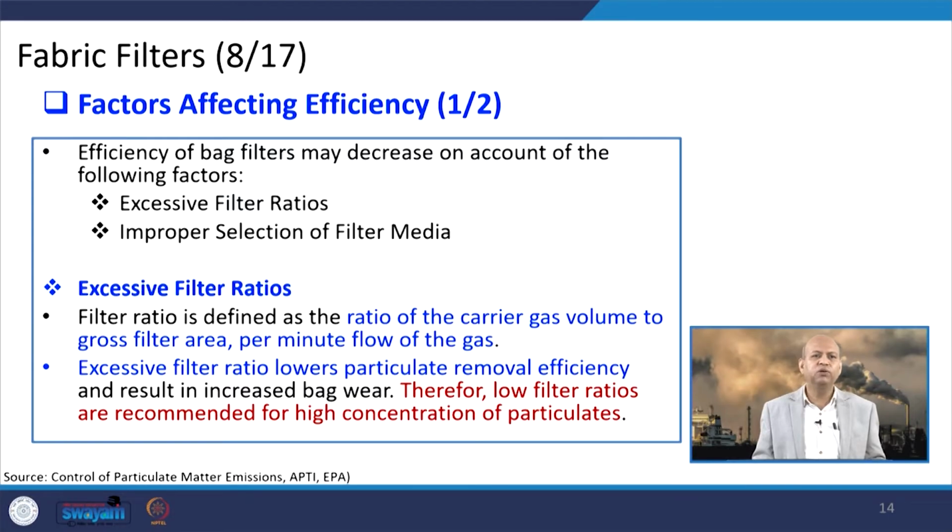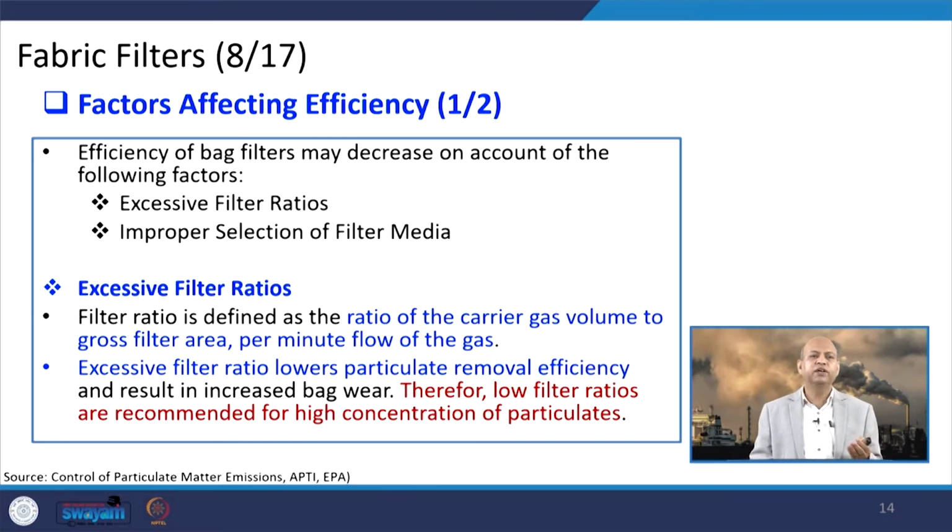Then if we talk about the efficiency of bag filters, how they decrease or increase, they may decrease on account of the following factors: excessive filter ratios or improper selection of the filter media. Those could be the reasons basically.